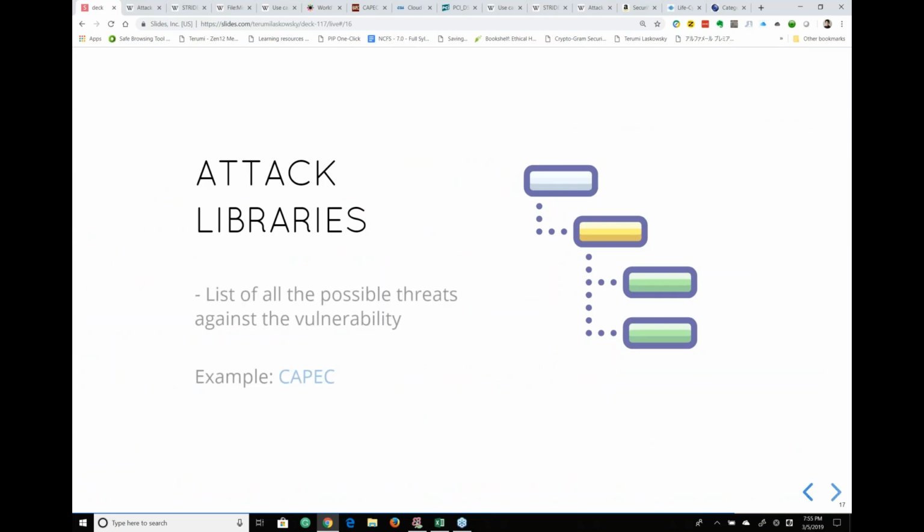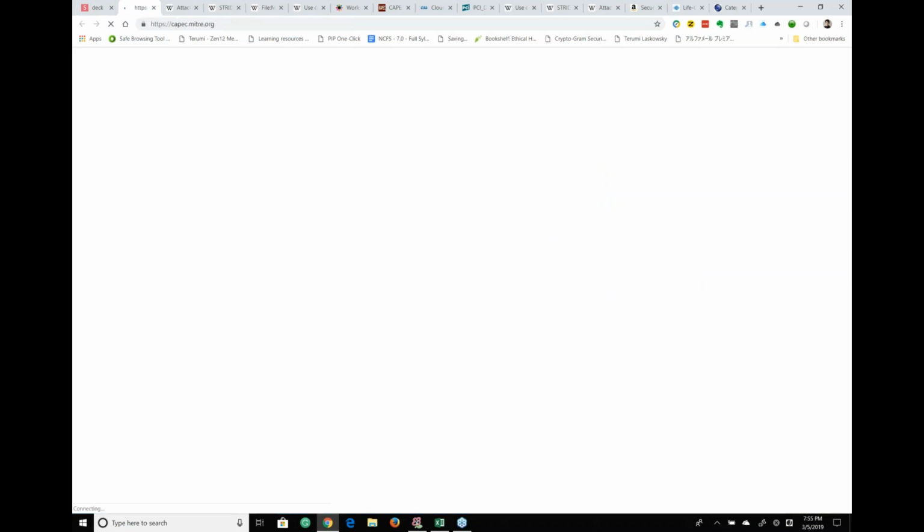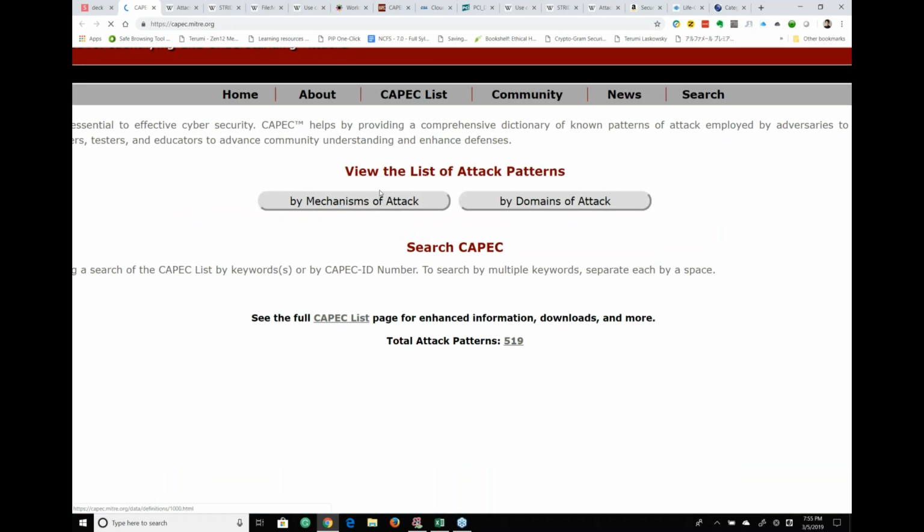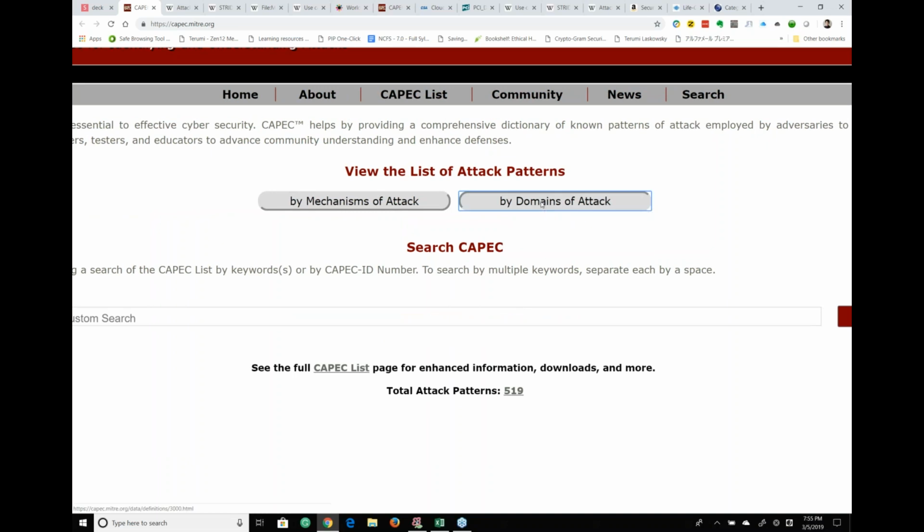Now, there's something similar called attack libraries. Attack libraries are a list of all the possible threats against a vulnerability. That's a nice one. An example is CAPEC. If you go to the CAPEC site, let's take a look at, say, domain of attack.